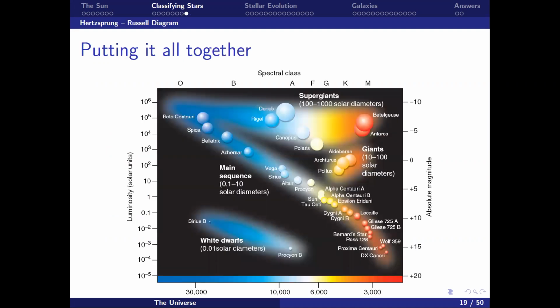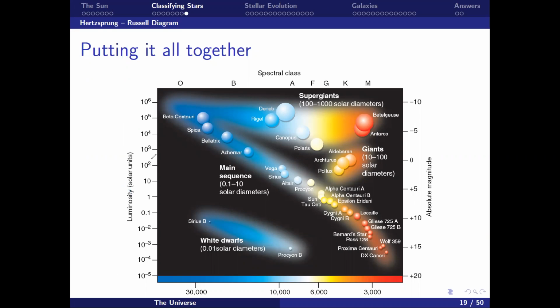Okay, so this all gets put together on something called the Hertzsprung-Russell diagram. And that's a way to classify stars according to their brightness and their temperature. So the vertical axis here, where it says luminosity, that's brightness.